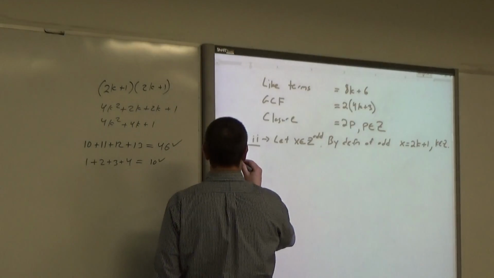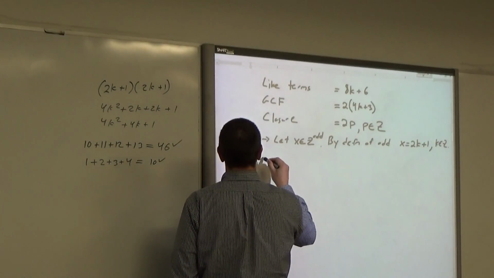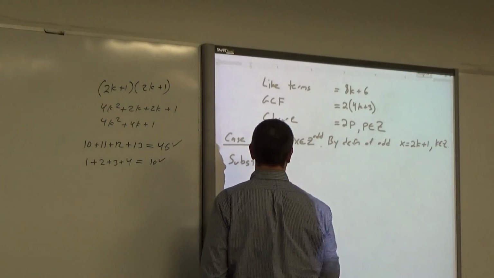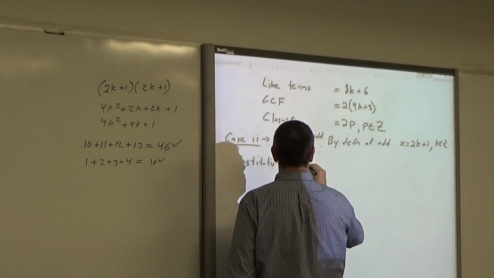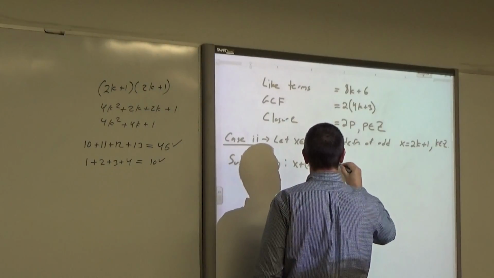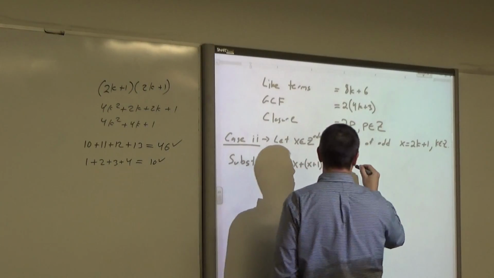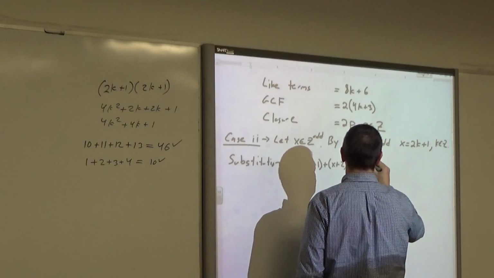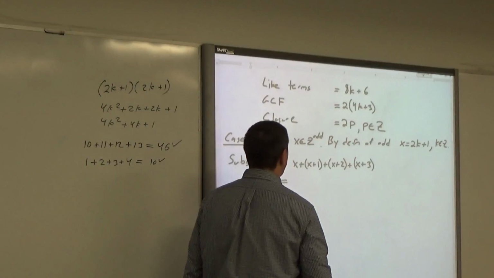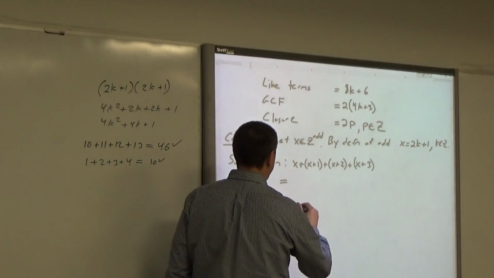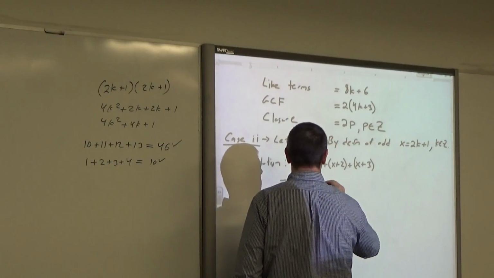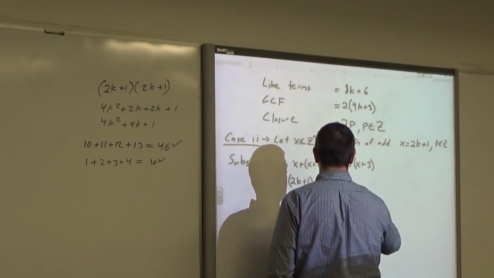So by substitution, x plus (x plus 1) plus (x plus 2) plus (x plus 3) is going to be equal to 2k plus 1 plus quantity 2k plus 2.